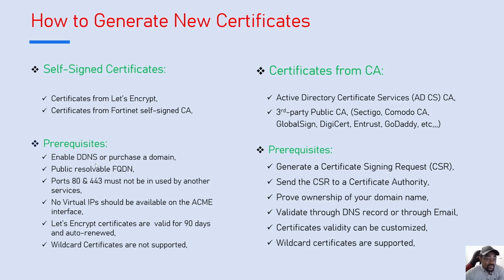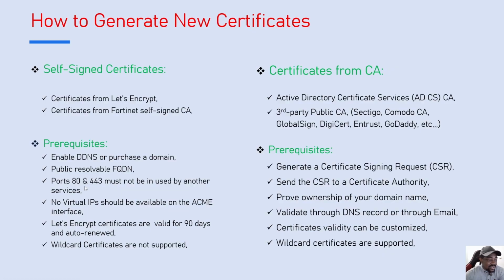For each of these methods, some prerequisites are that you need to enable DDNS on your FortiGate, or you need to purchase a domain. It means your FortiGate needs to be publicly resolvable. So you need to have either a domain or enable DDNS on your FortiGate device. Also, ports 80 and 443 must not be in use by another service.